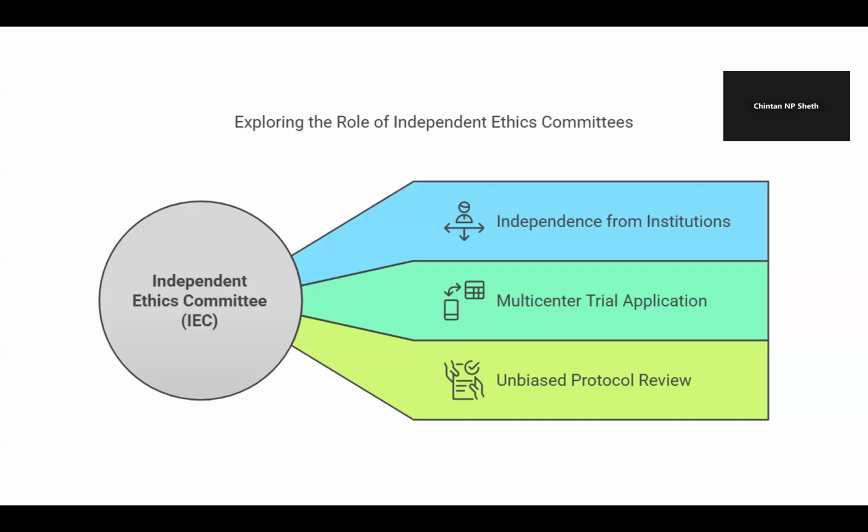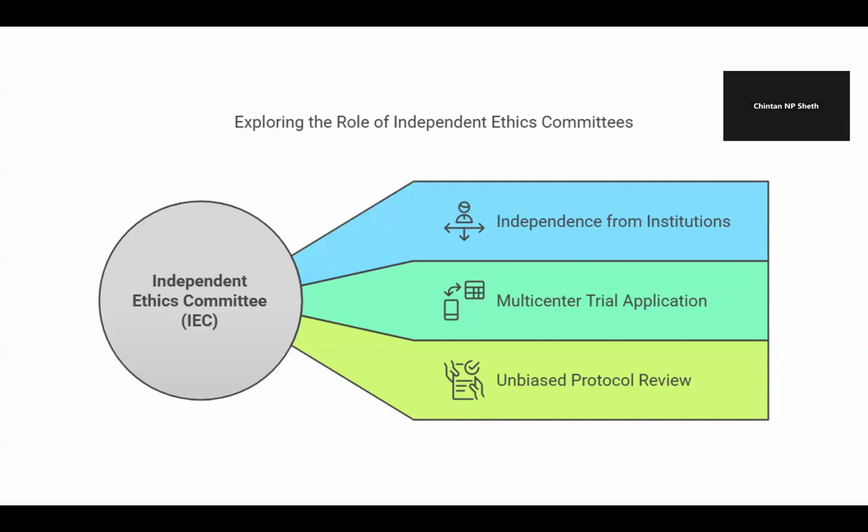Now, the next question you might have is the composition of the committee members of IRB and IEC. As per ICH GCP E6 R3, the IRB or IEC should consist of a reasonable number of members who collectively have the qualification and experience to review and evaluate the science, medical aspects, and ethics of the proposed trial.